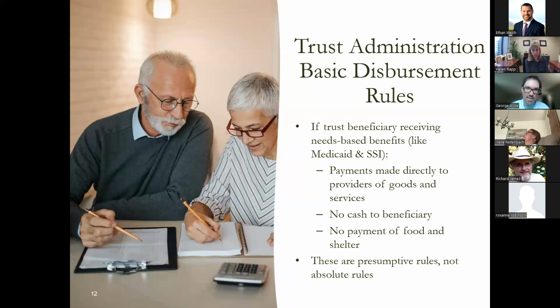SSI presumes that those SSI payments are going to be used for your basic food and shelter expenses. So if something else like a trust is providing those, then the SSI may say, well, you don't need as much SSI because this trust is paying your rent, or the trust is paying your grocery bill. You don't need as much SSI from us because of that. So there's a particular rule about that.